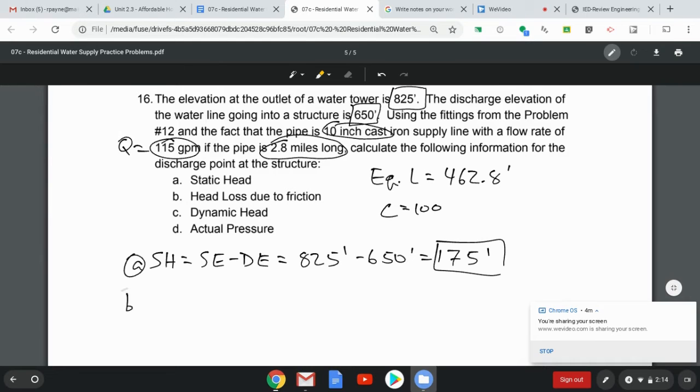All right. Head loss. Let's see. H sub F is equal to, that's Hazen-Williams, 10.44 times L. So we need to figure out what L is.